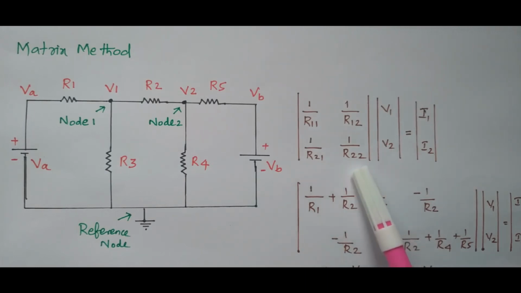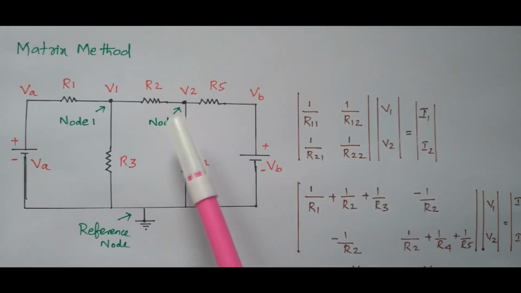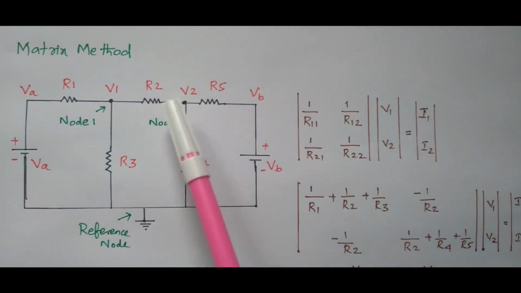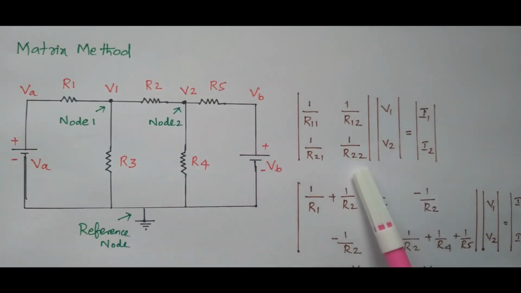What is R22? R22 is nothing but the resistors available in the second node. What are the resistors available? R2, R4, R5. These three resistors are available at the second node. So 1 divided by R2 plus 1 divided by R4 plus 1 divided by R5. Right?